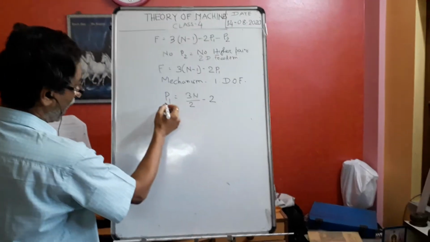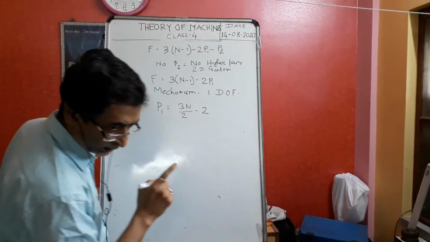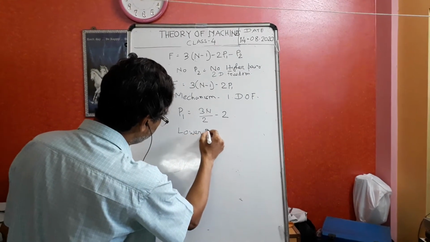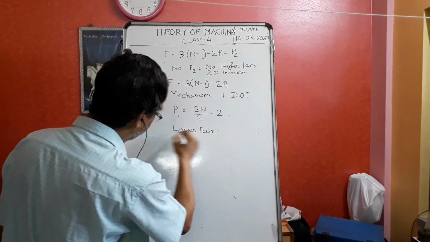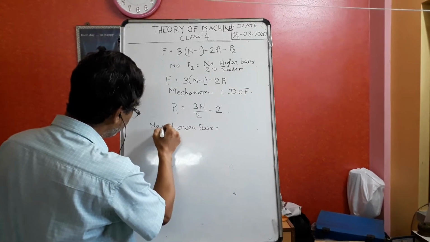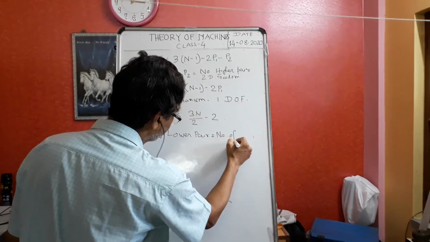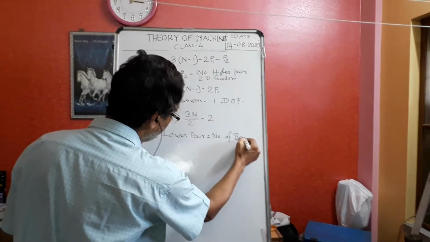I also told you one important thing, don't forget: the number of lower pairs is equal to the number of binary joints. Binary joints you already know.